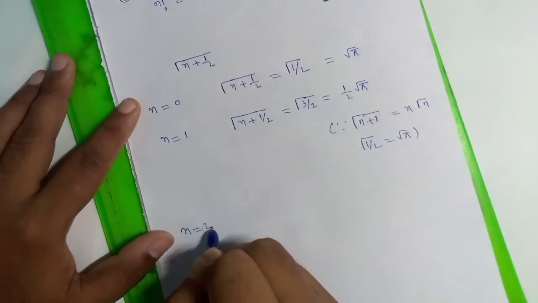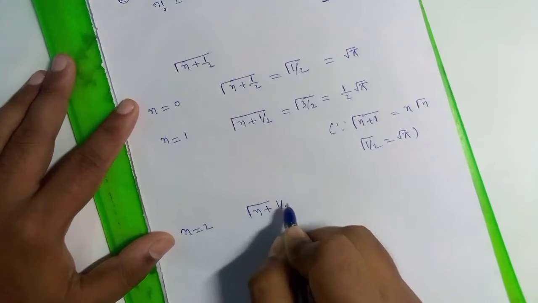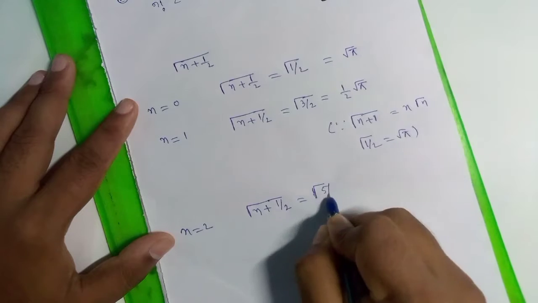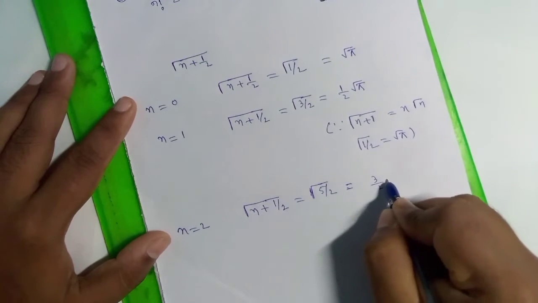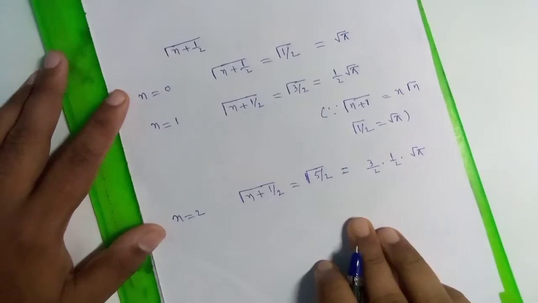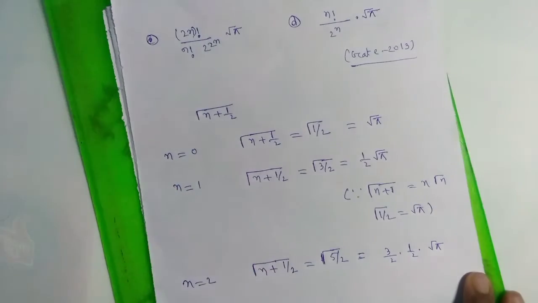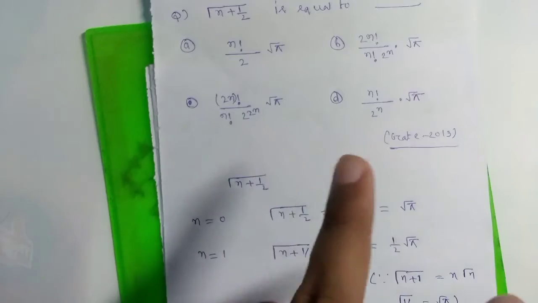And when n is equal to 2, gamma of n plus half is equal to gamma of 5 by 2. This will be 3 by 2 into 1 by 2 into root pi. Okay, now we have these three conditions. Now we verify which option is correct.